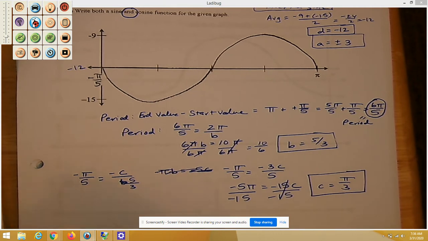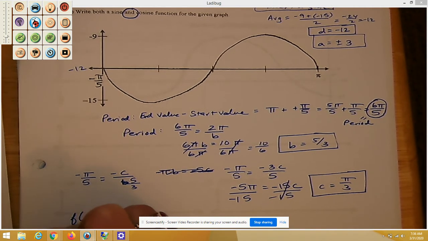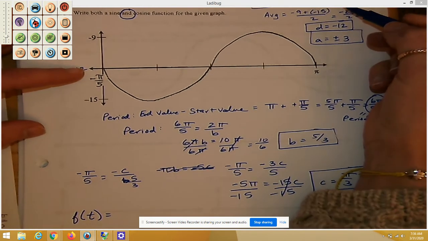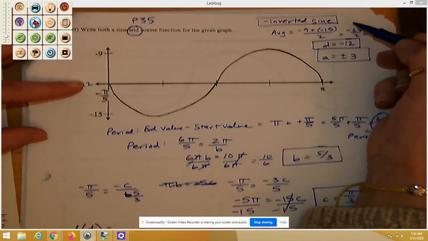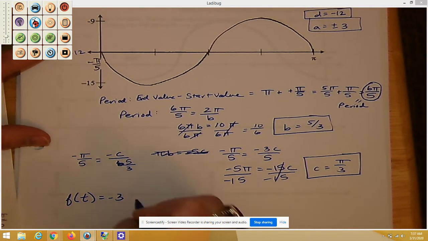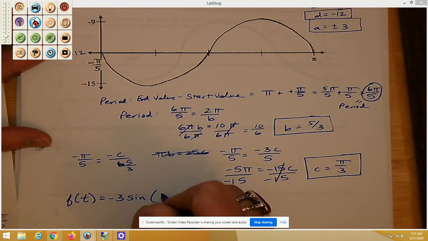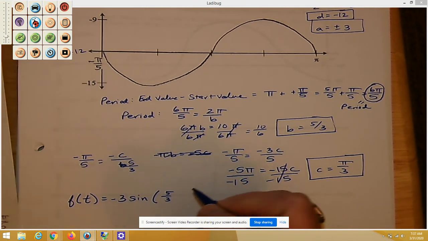So for the first one, I can say f of t, or f of x, whatever you want to say, equals. Now this was an inverted sine. I said that way up at the beginning. So therefore, a is going to be negative. So I have -3 times the sine. And now b was 5/3. Do not forget your variable.